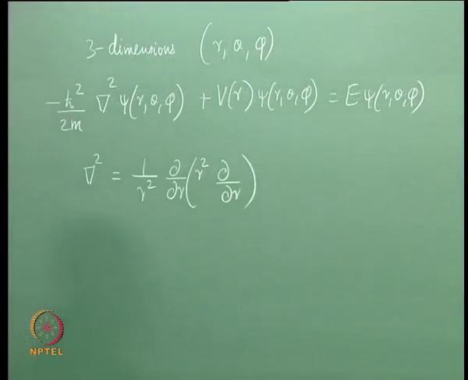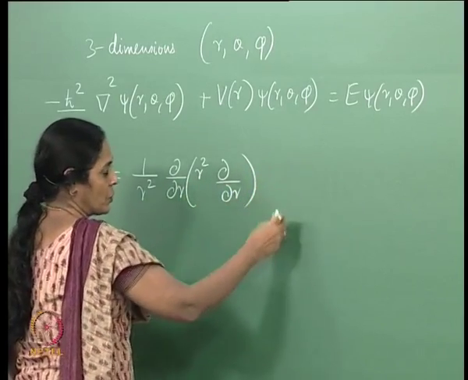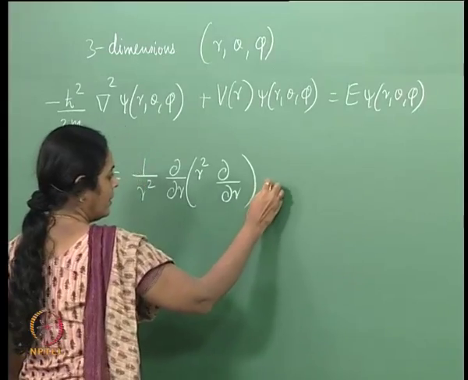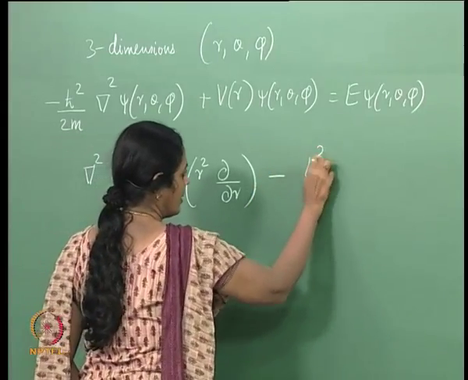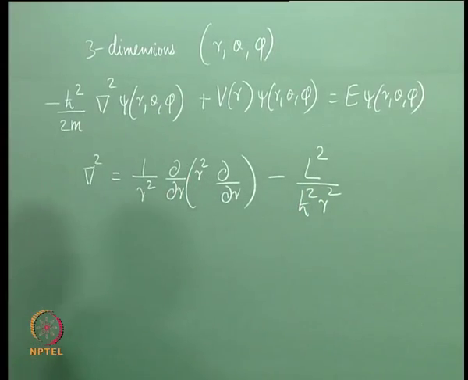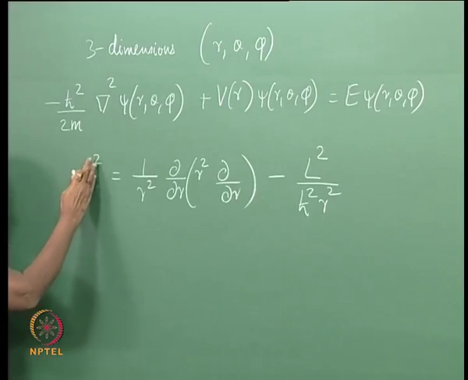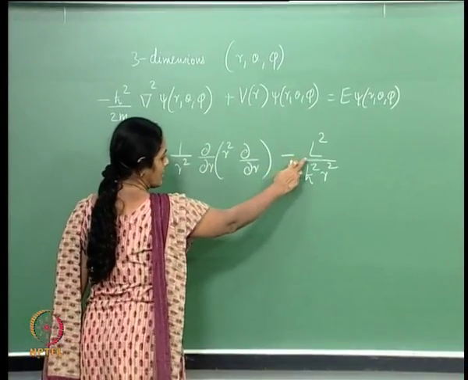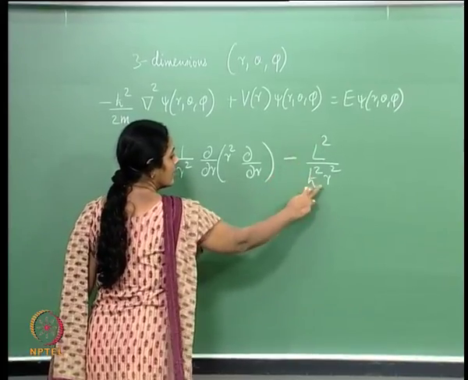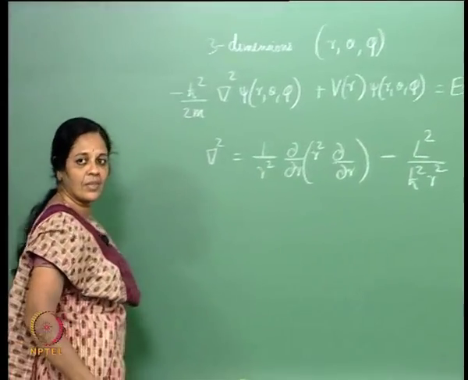Then there is an operator dependence on theta and phi that can be written as minus L squared by h cross squared r squared. We had seen this in the last lecture. We explicitly wrote out del squared in spherical polars and identified L squared by h cross squared r squared to be the rest of this, the angular part.